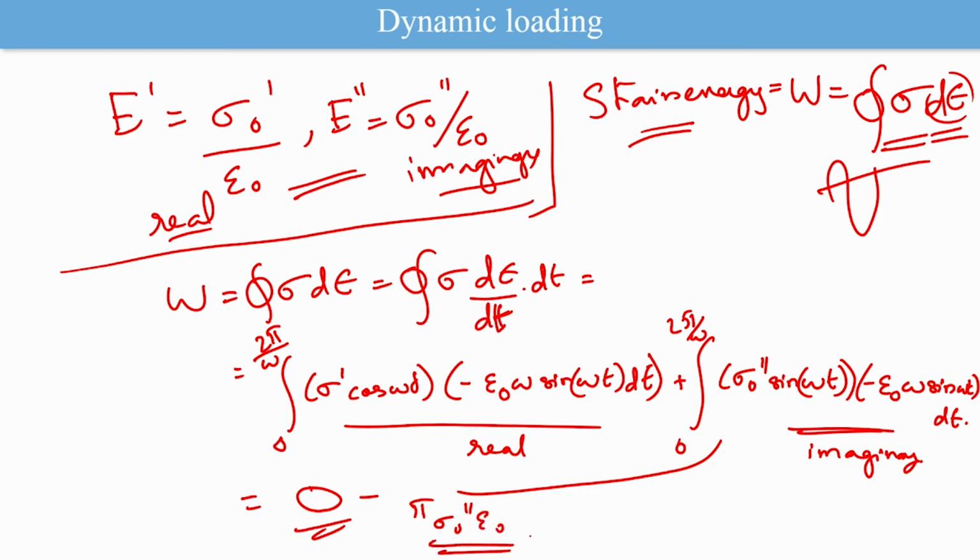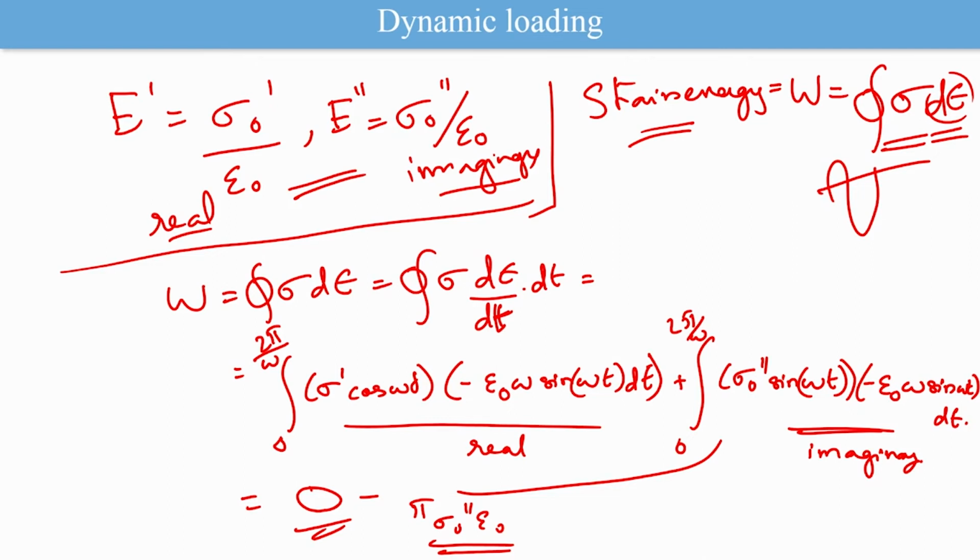So, you will see that during the entire cycle, the energy stored by the real part of the stress is actually 0. That means, whatever stress that we applied, which caused an energy change or storing of energy, the real part became 0 over a complete cycle.